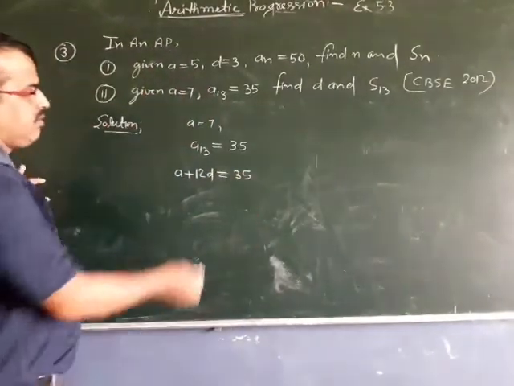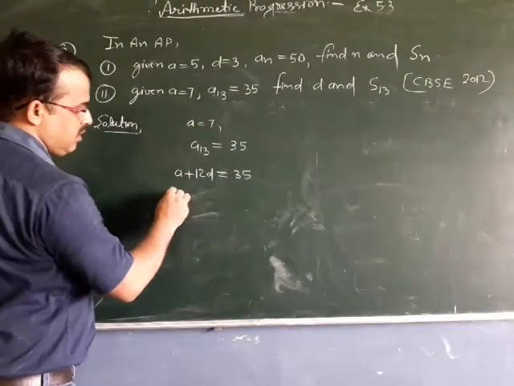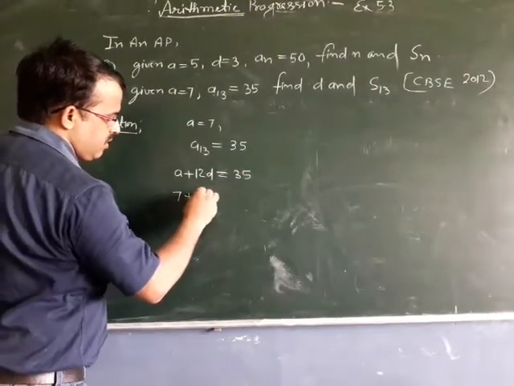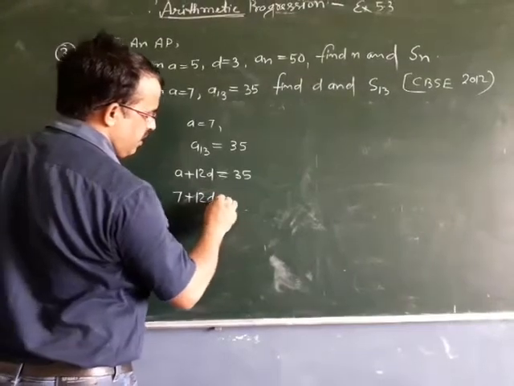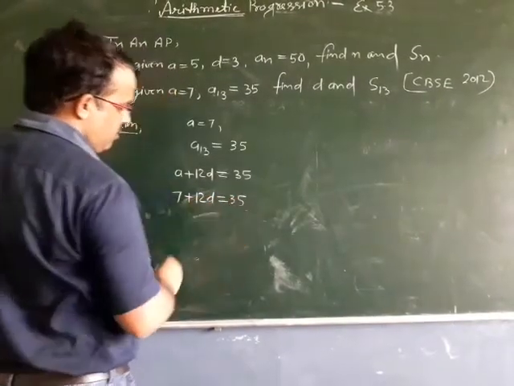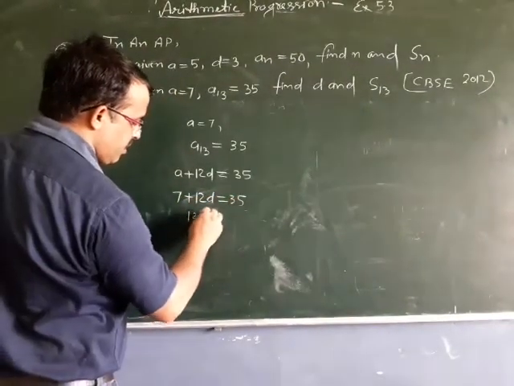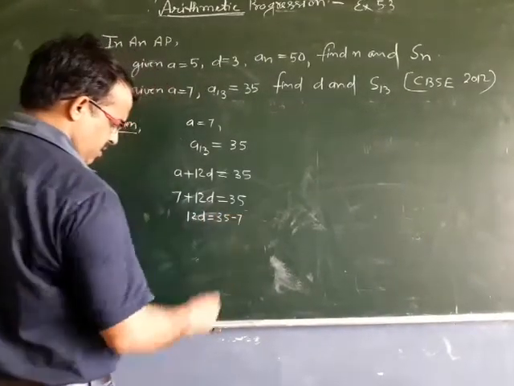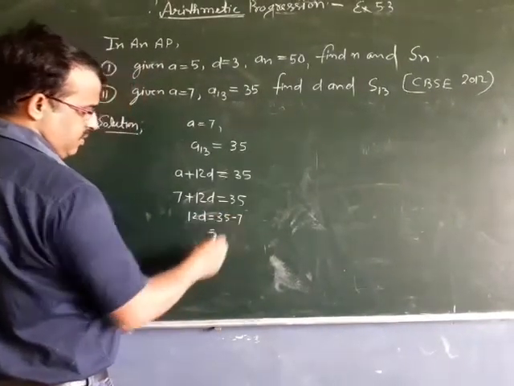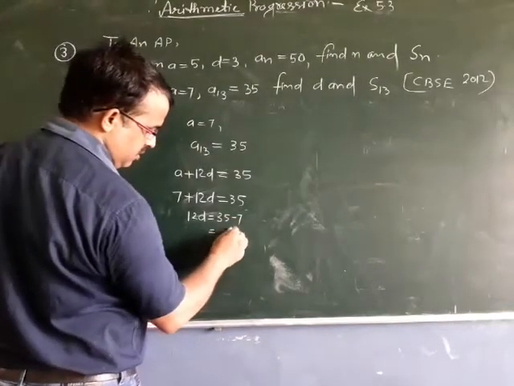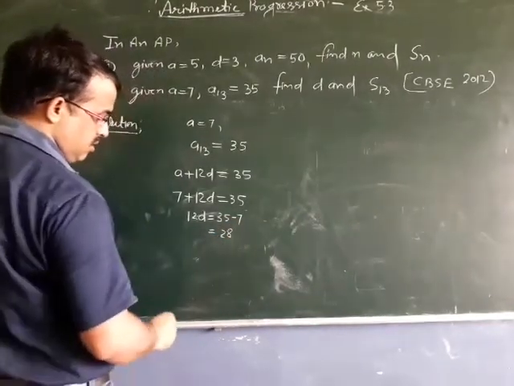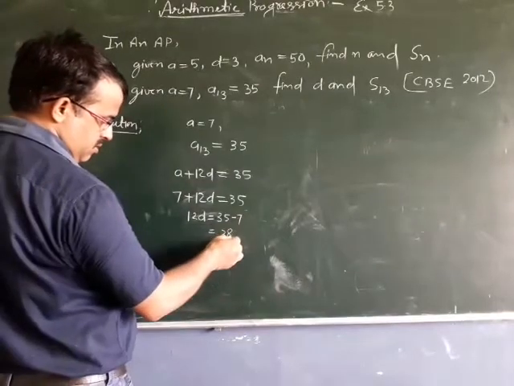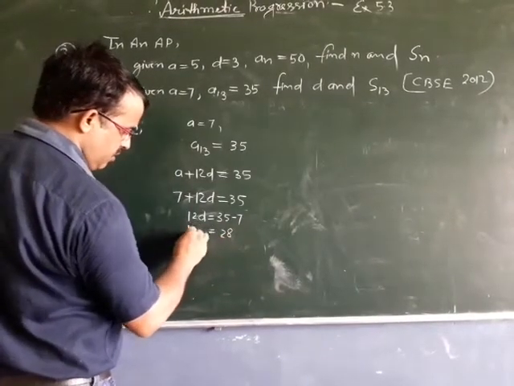We know a's value is given, so 7 plus 12d is equal to 35. So 12d is equal to 35 minus 7, so we get 28.